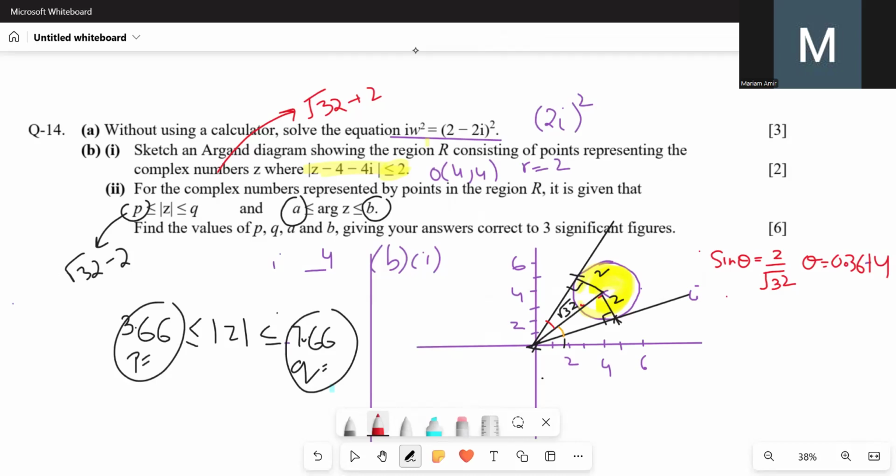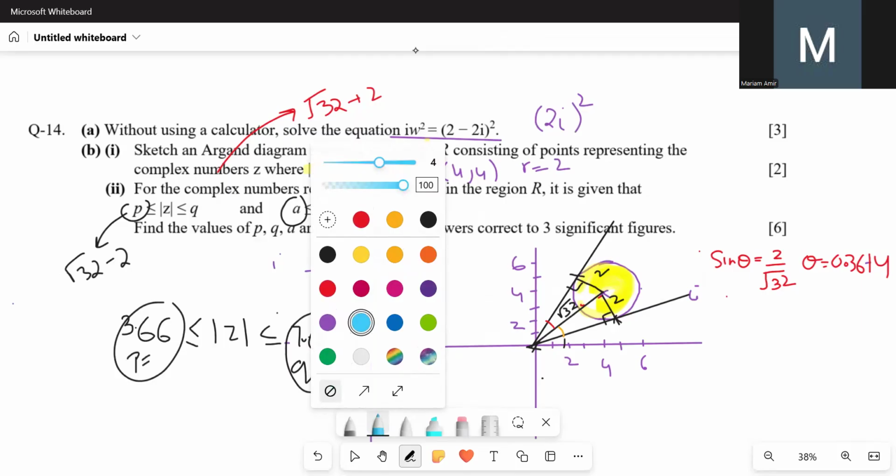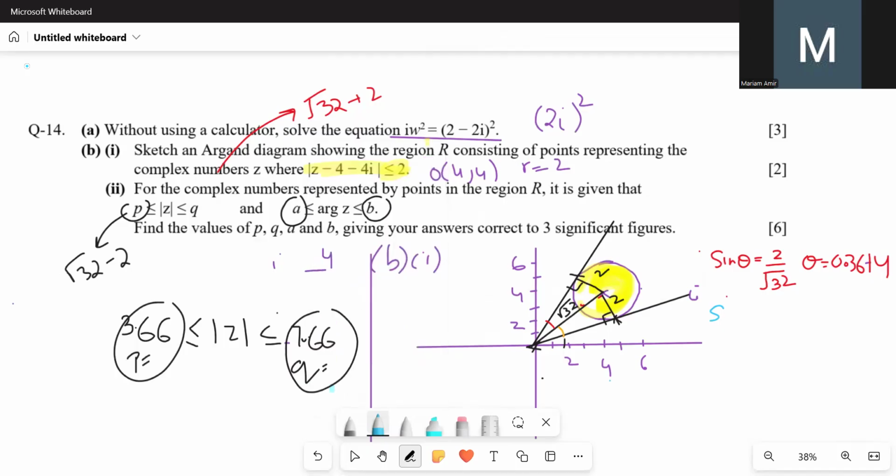All right, now let's find the other angle. We will use sine again. It's going to be the same size actually, so it's also going to be 0.3614. So this angle is going to be the same.